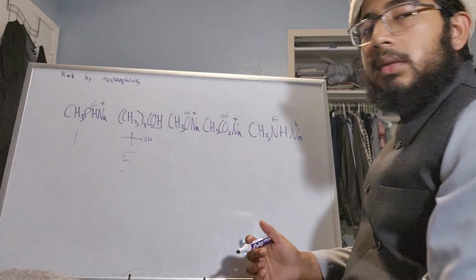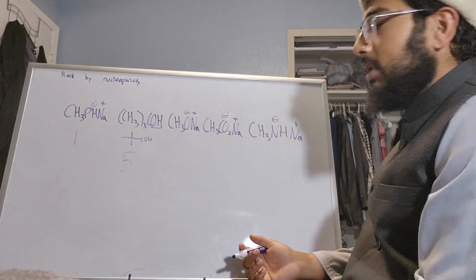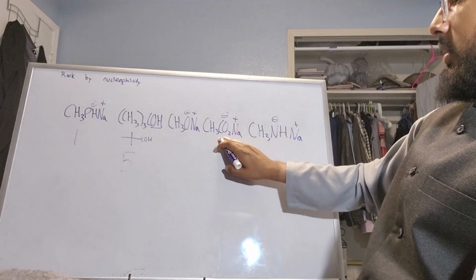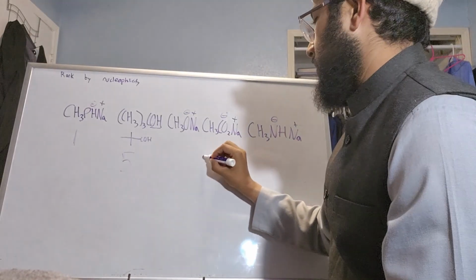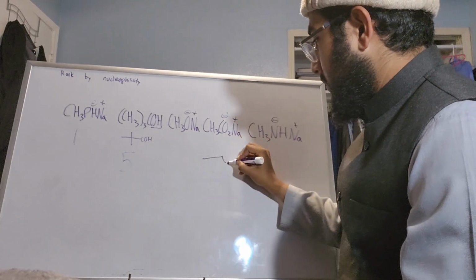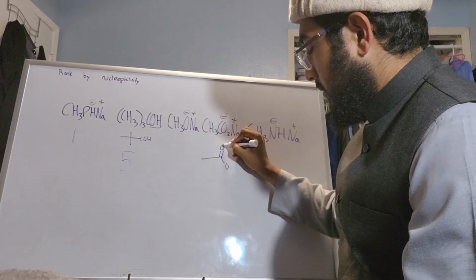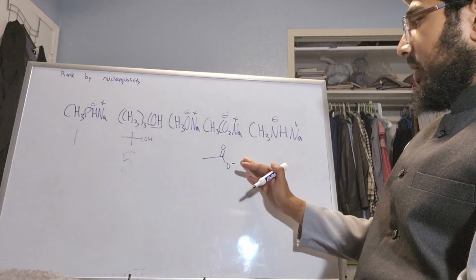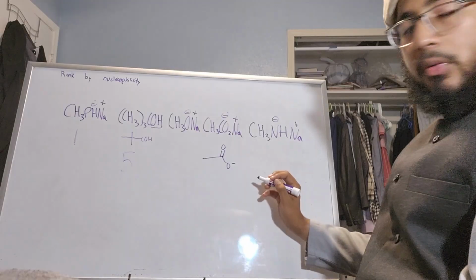This might be a little more difficult, but if you know what you're doing, it will be quite easy. The first thing I want to do is look at this one here. If I were to actually draw out the molecule, I know it's going to look something like this. The next thing you should notice is this has the ability to resonate.